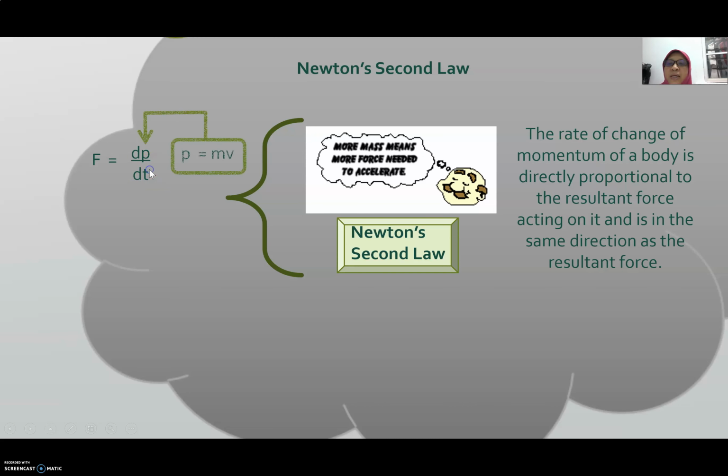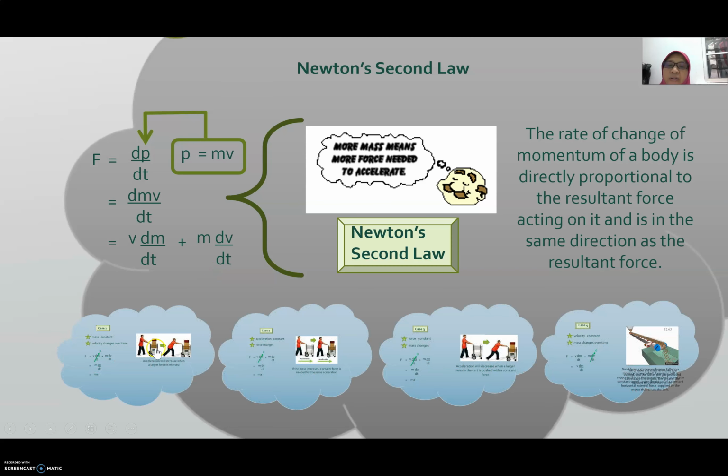P is momentum, equals mass times velocity. So substitute mv into the equation, we have d(mv) by dt. Using the product rule, we get v dm by dt plus m dv by dt.